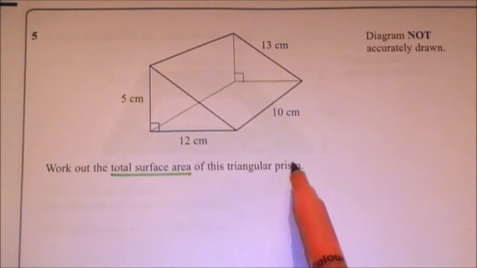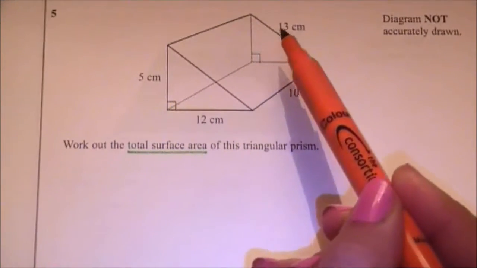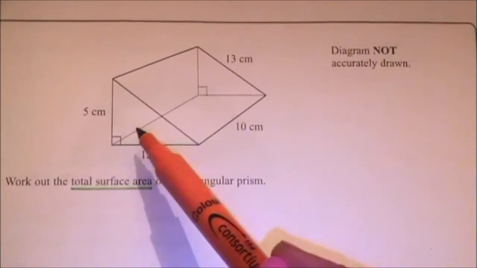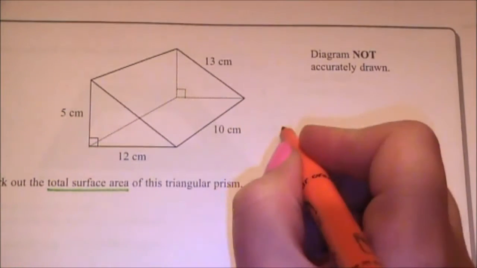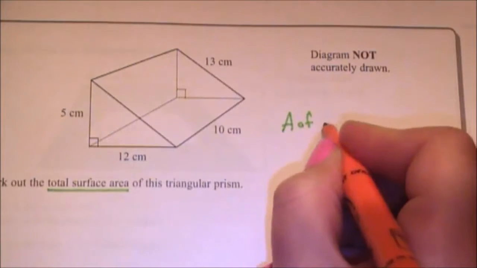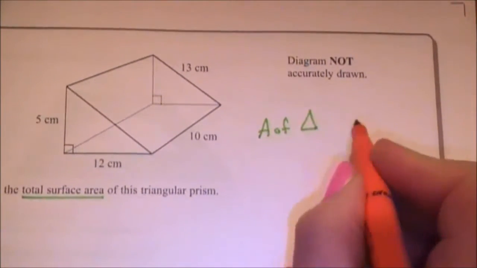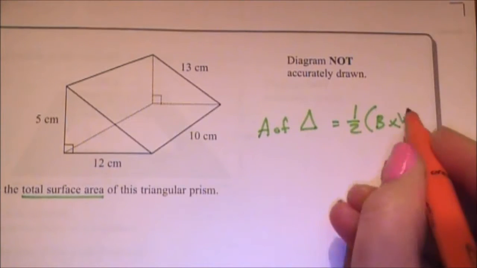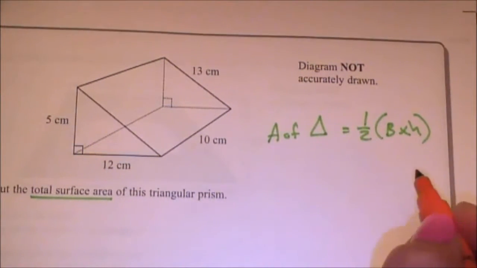And because this is a prism, that triangle runs all the way through it. So the triangle at the back is the same as the triangle at the front. So first thing I'm going to do is find my area of one of the triangles. I'm going to start by writing out the formula, which is half of the base times by the height.